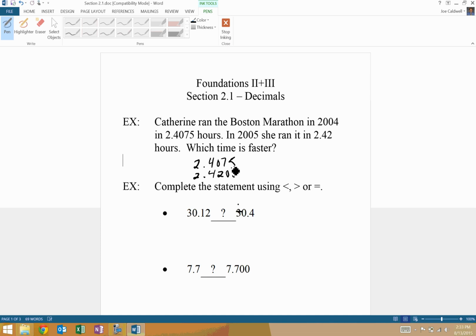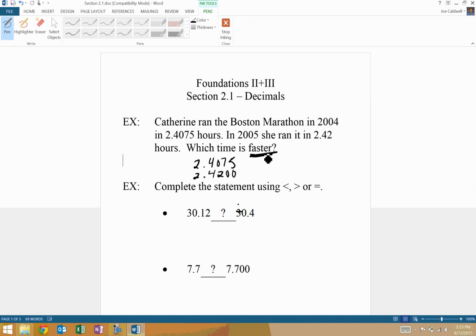So we look: we have 2 and 2, that's the same. After the decimal is the tenths place. Both have a 4, those are the same. In the hundredths place, which is the second spot after the decimal, one has a 0, one has a 2. So, here's the kicker, which time is faster? That means which one was smaller, because obviously you want to run a race in the smallest amount of time.